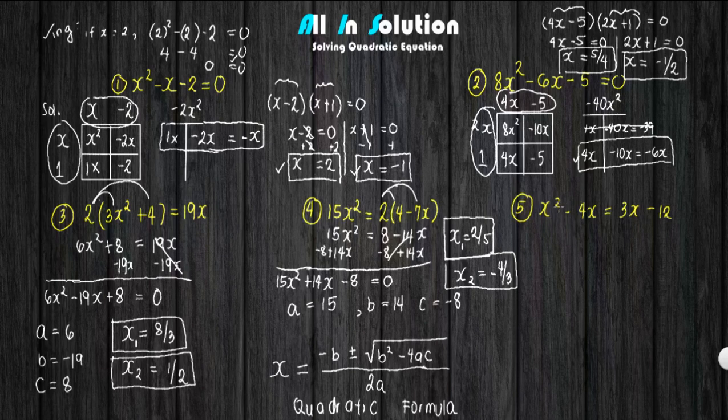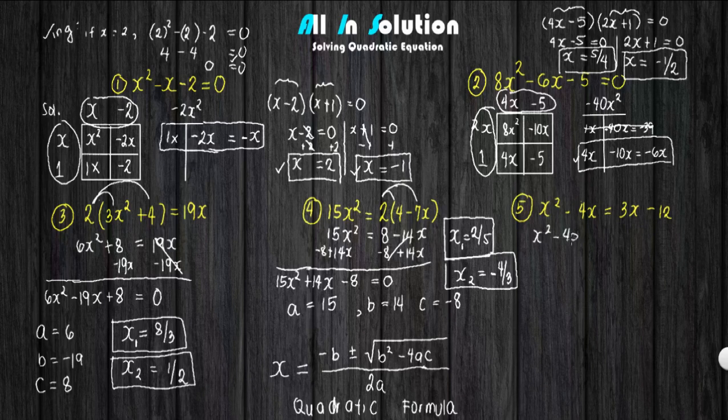Now, let's move on to our last example. So, ito, very basic lang ito. X squared minus 4x equals 3x minus 12. So, ililipat lang natin ang mga terms na nasa kanan dun sa kaliwa.